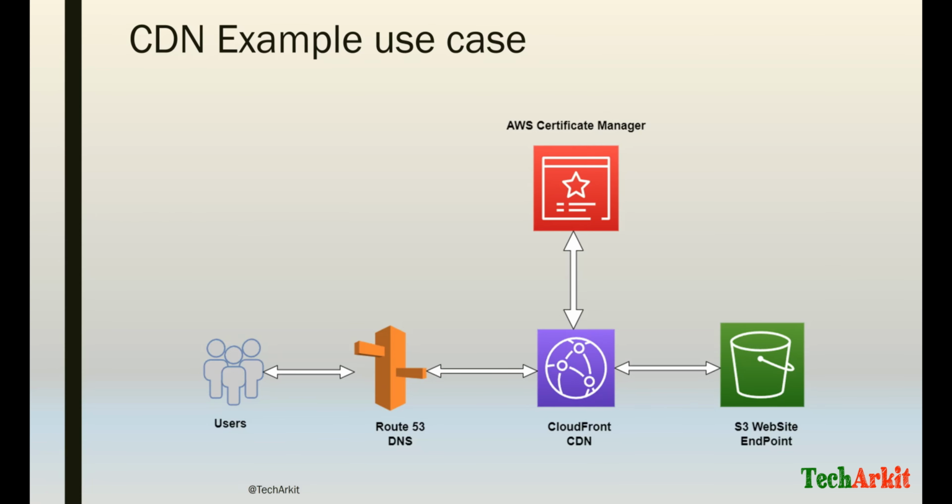Then from there it caches to the local CloudFront, and then it reaches the users. That's why the CloudFront CDN helps users load the website faster, not depending on their physical location.